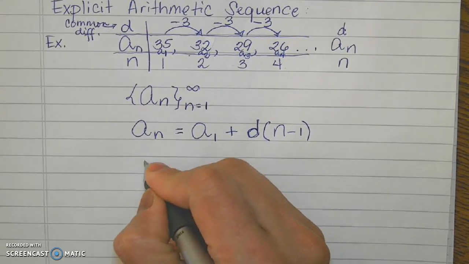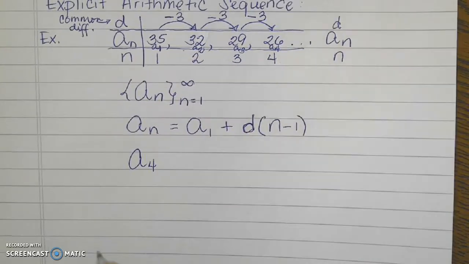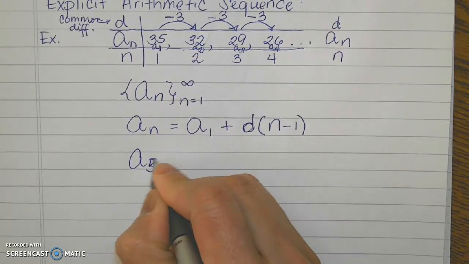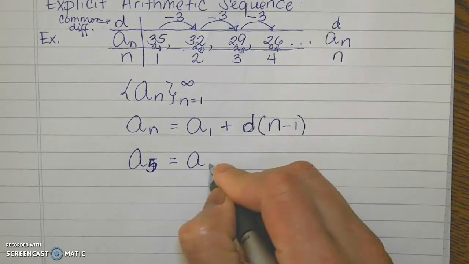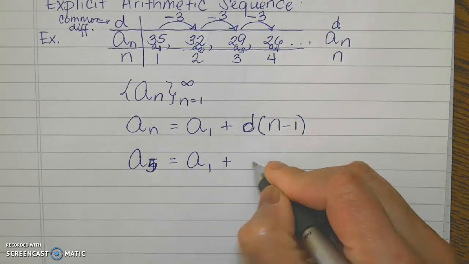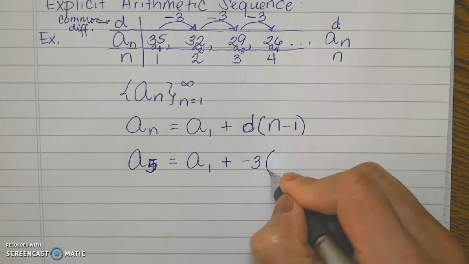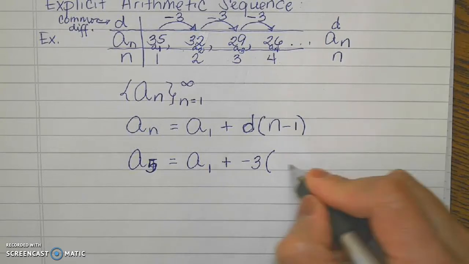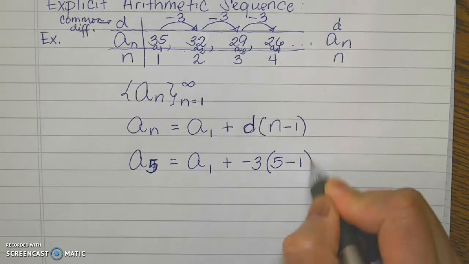I'm looking for the fifth term, and according to the formula, I need my first term. I need to add my common difference of negative 3. And my N is 5, and it's always less 1.